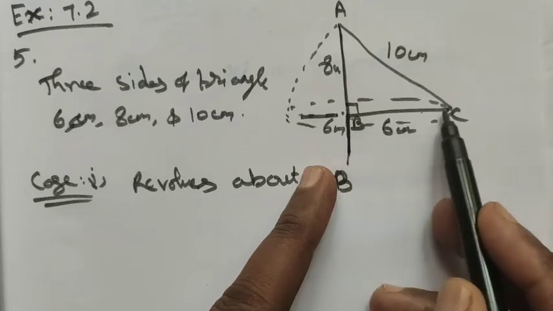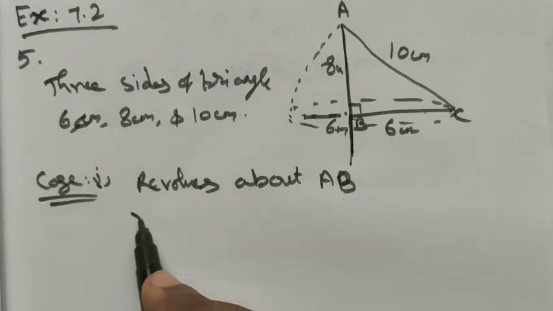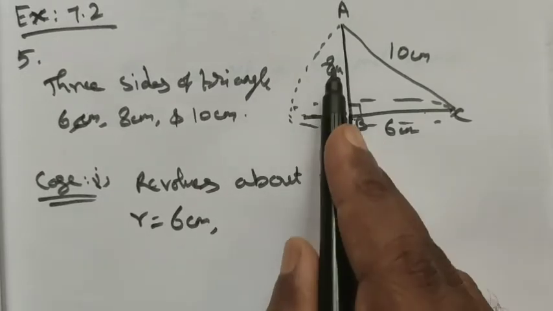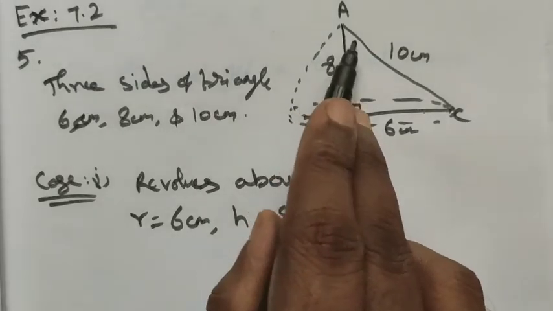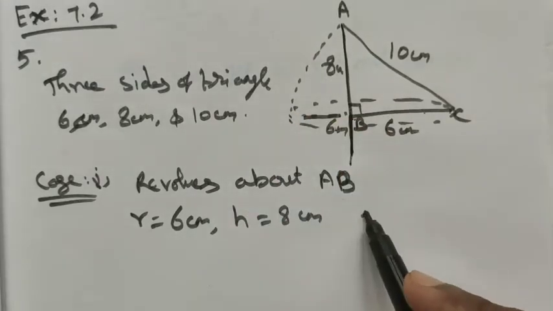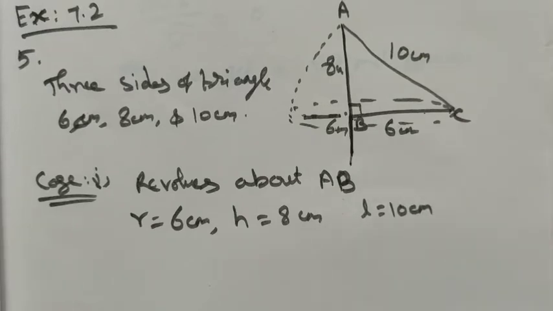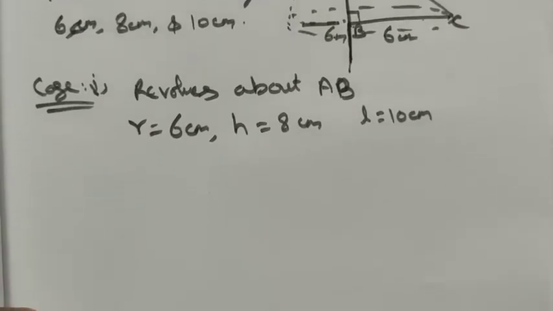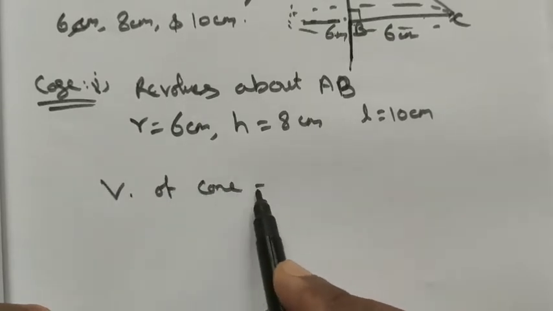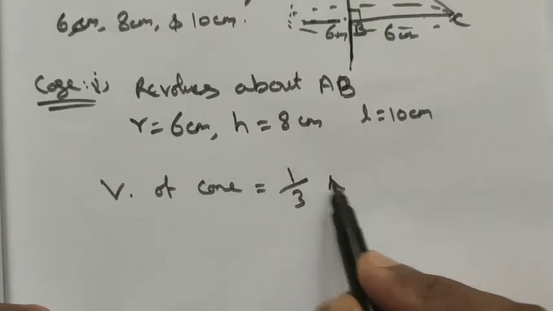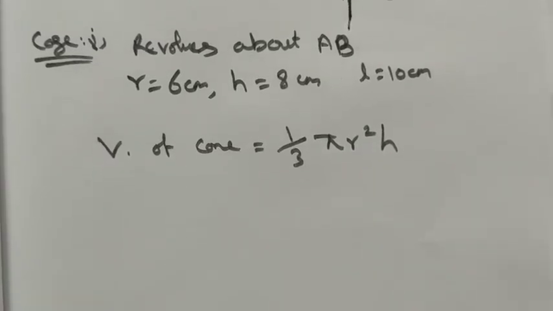Here the base is the radius, so R is equal to 6 cm and the height H is equal to 8 cm. We don't need to find the slant height because we are going to find the volume only. The volume of the cone is 1 by 3 pi r square h.